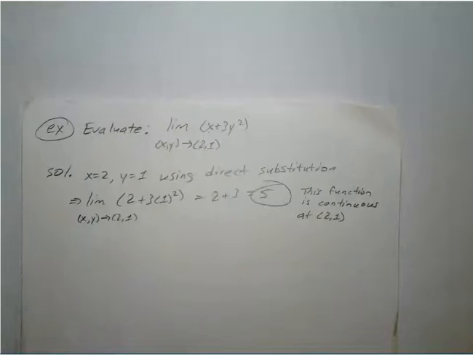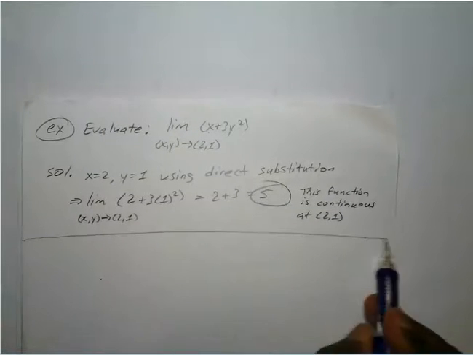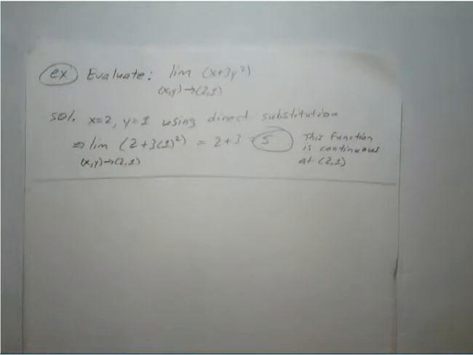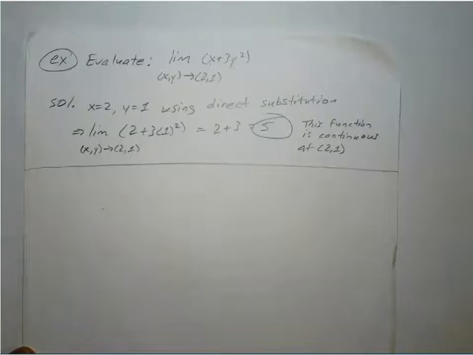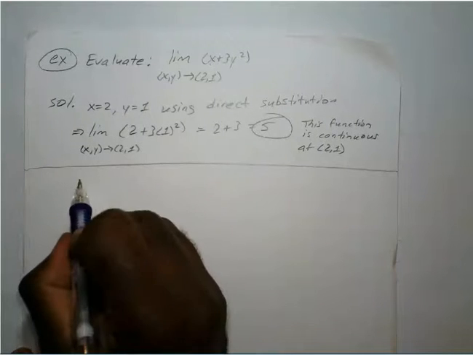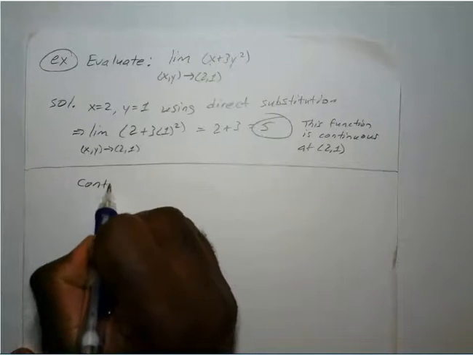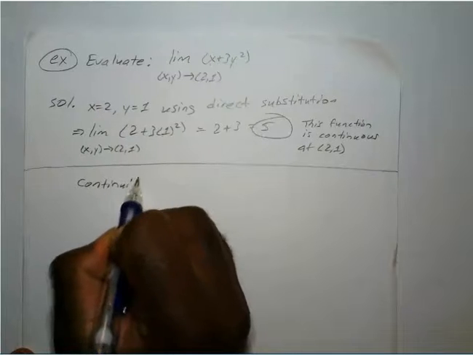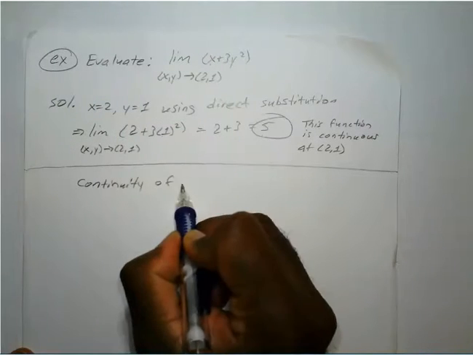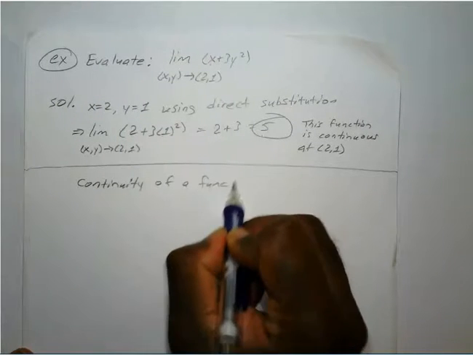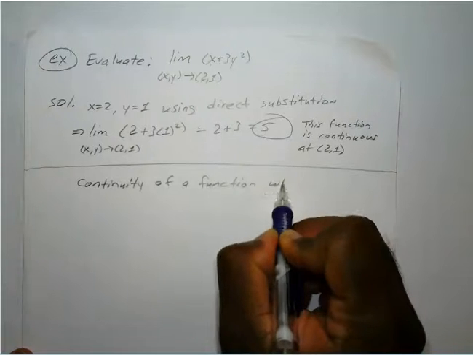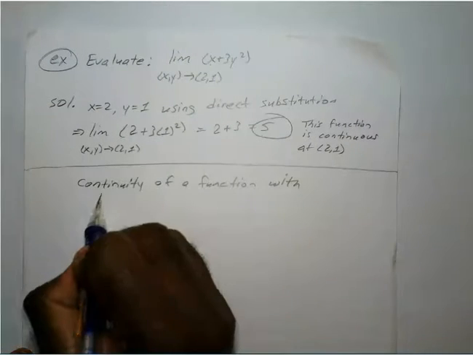Okay, which covers the next definition, continuity of a function of two variables.